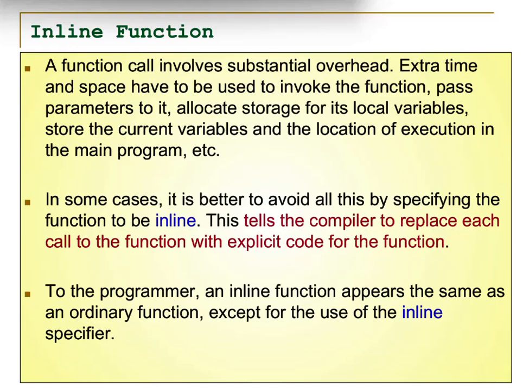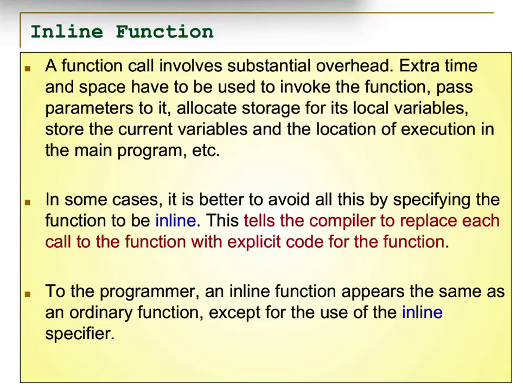In some cases, it is better to avoid all this by specifying the function to be inline. This tells the compiler to replace each call to the function with the explicit code for the function. Now imagine instead of going to another room, you simply copy the instructions from the other room and paste them directly into your current task.